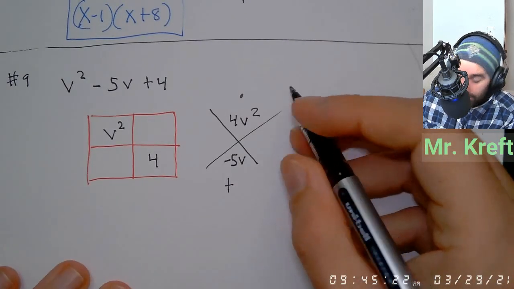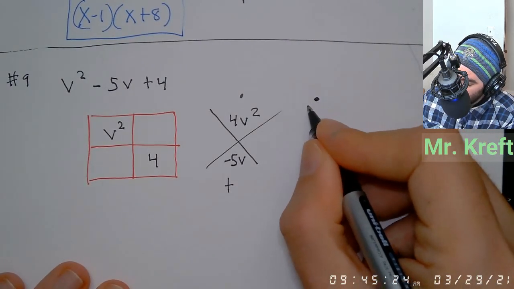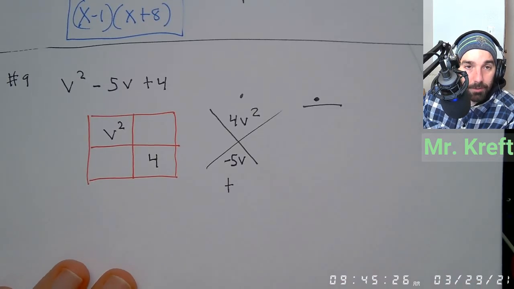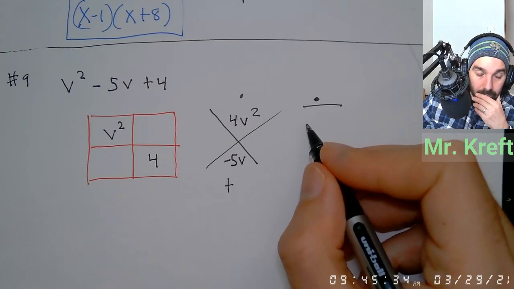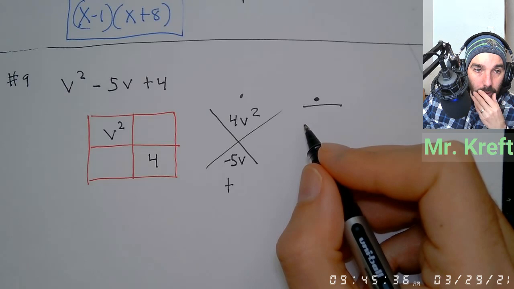All right, then can you tell me what multiplies to get 4? What numbers multiply to get 4?